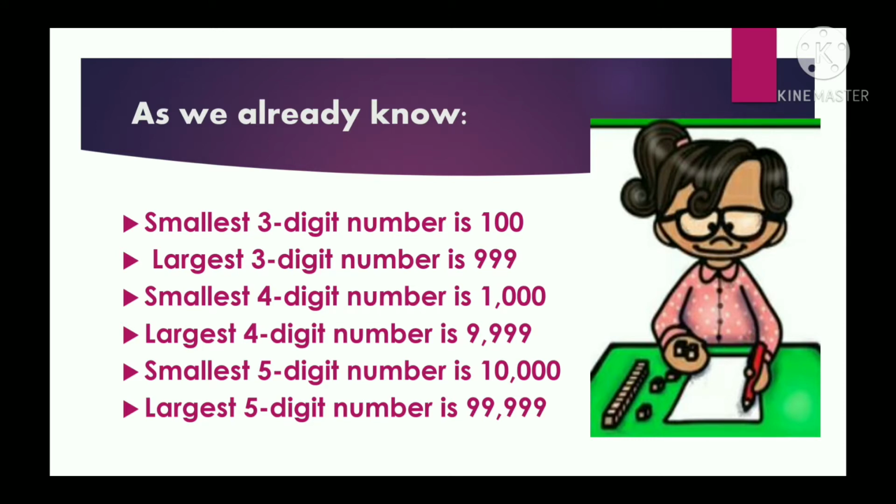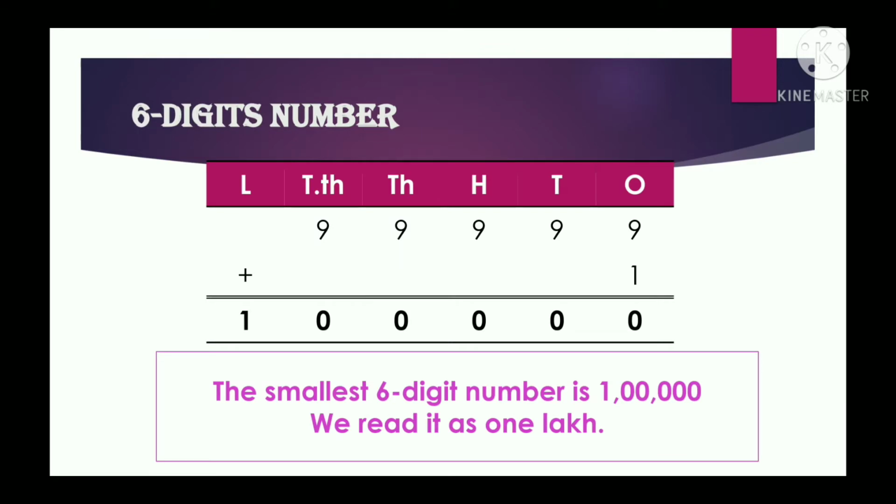The smallest 5 digit number is 10,000 and the largest 5 digit number is 99,999. Students, as you have already learned these things in your previous classes, now let's come to know 6 digit numbers.